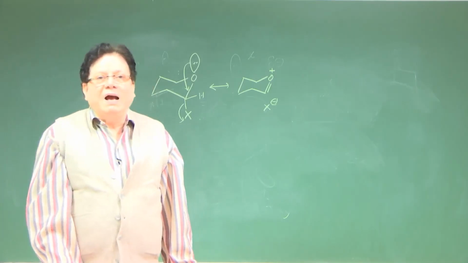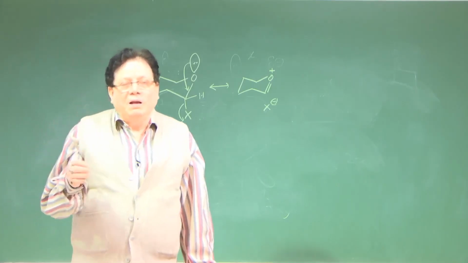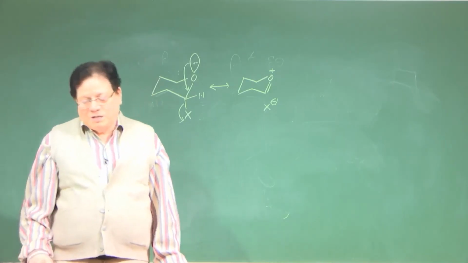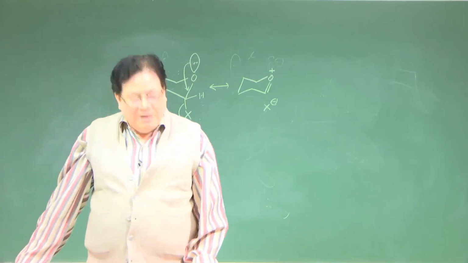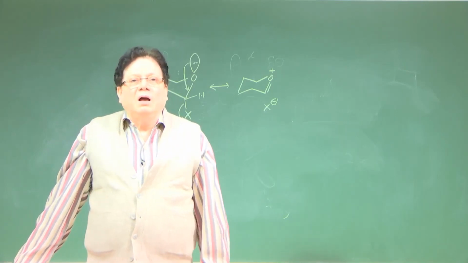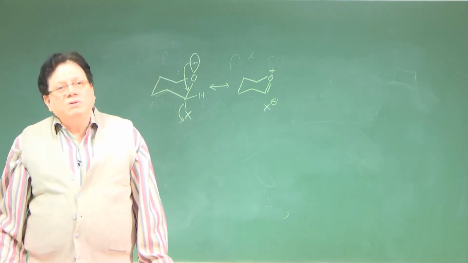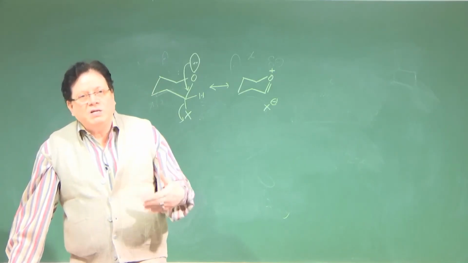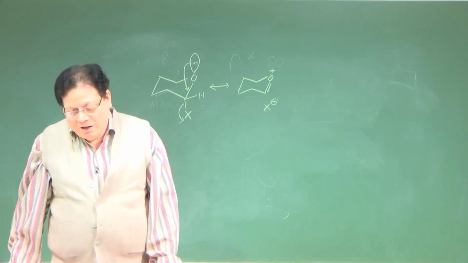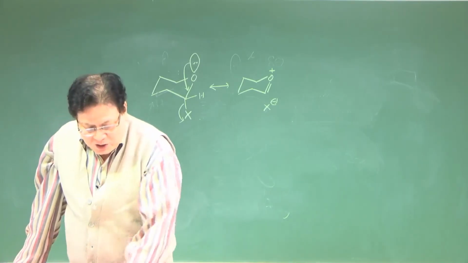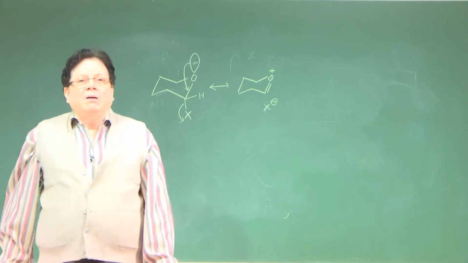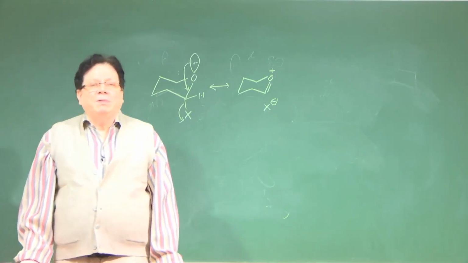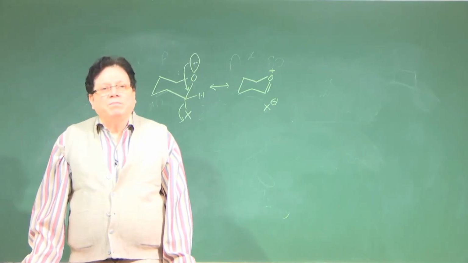When you are talking about the reactivity of a molecule, then what is the stereoelectronic requirement that we say? The stereoelectronic requirement is that the molecule must adopt a transition state, while it is reacting with the attacking reagent, that takes up a geometry where the orbital overlap is maximum.